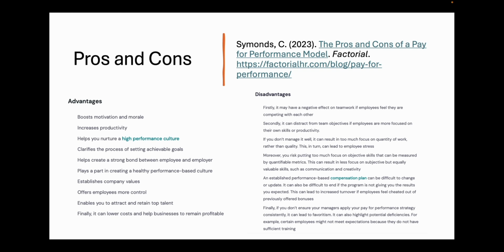And also, a pay for performance system will put too much weight on things that can be measured, while it may harm the long-term goals, which cannot easily be measured or quantified, right?